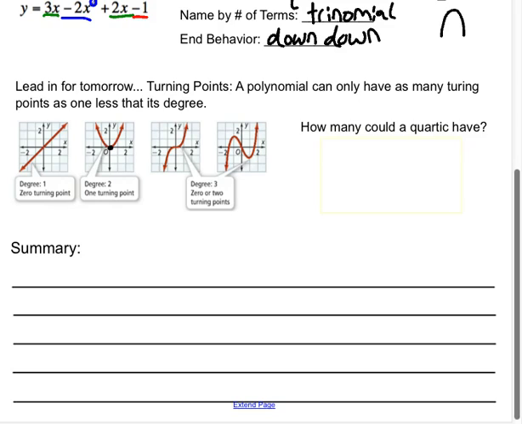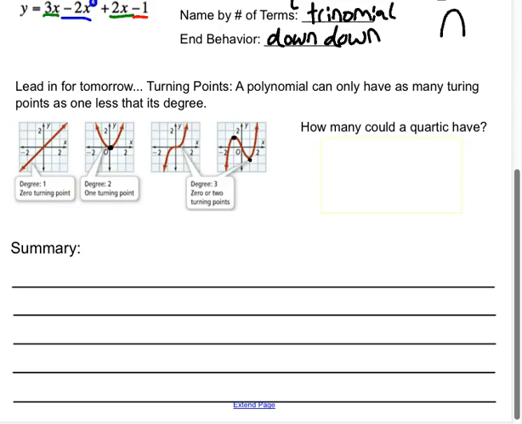So in terms of a quadratic, we're talking about that vertex. For cubics, we're talking about these points right here, wherever it is potentially turning around. That is called a relative max or min.